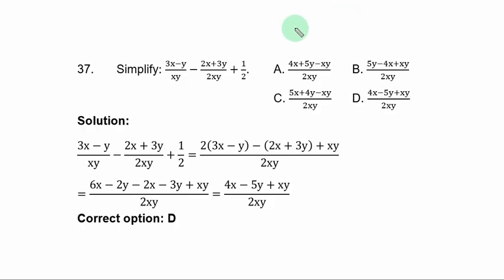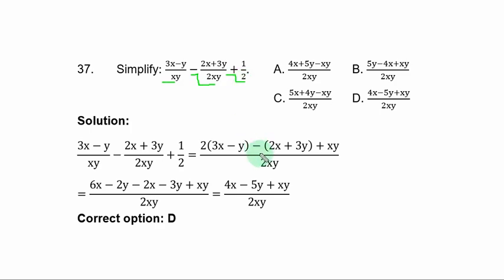Question 37. Simplify (3s minus y) over sy, minus (2s plus 3y) over 2sy, plus 1 over 2. All we have here is fraction addition and subtraction. To simplify, you simply find the LCM of the denominators, sy, 2sy, and 2.